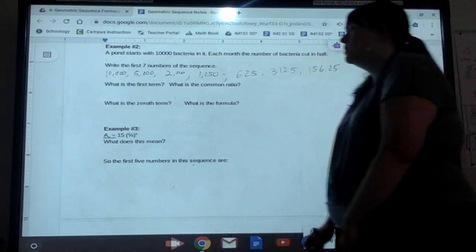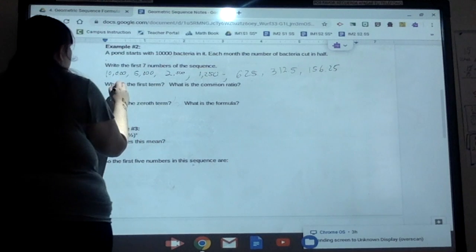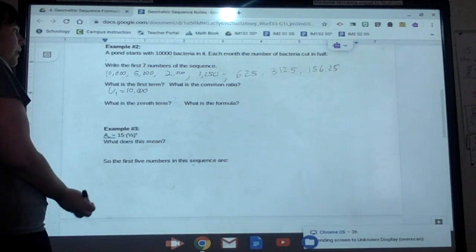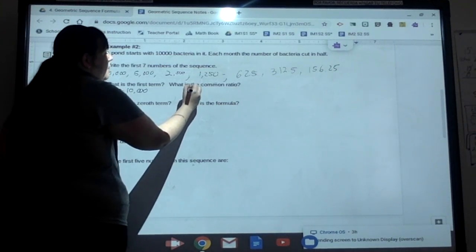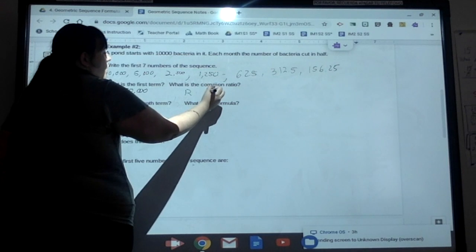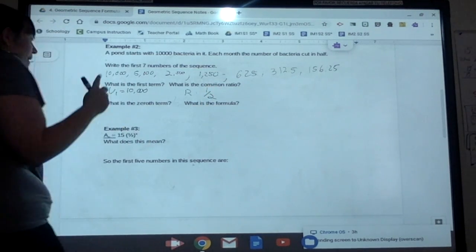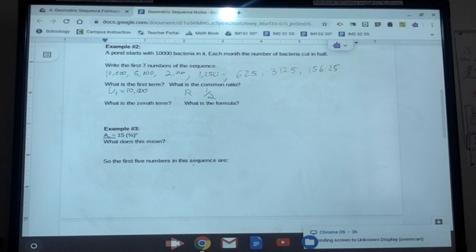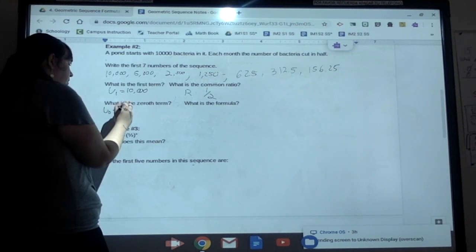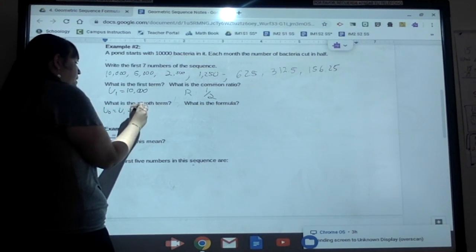So what was our first term? Our first term was 10,000. Common ratio, I'm dividing by 2. I'm cutting it in half. So dividing by 2 means 1 over 2. That's how we write divide by 2, because dividing by 2 is the same thing as multiplying by 1/2. So remember, to get the 0th term, we're going to take the first term and divide by the ratio.